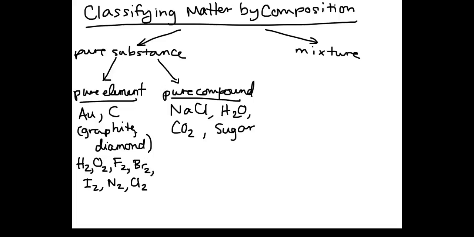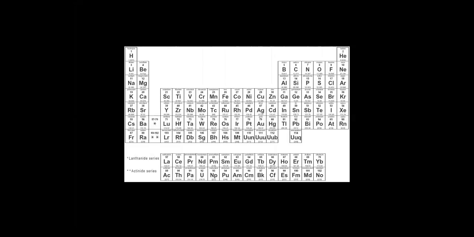The other way is the rule of 7. If you look at the periodic table, you have a 7 right here, and then you have hydrogen over here, which is a little awkward.